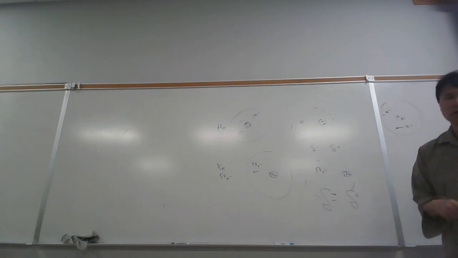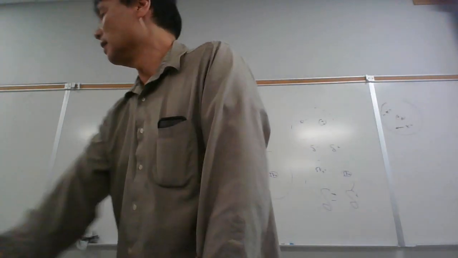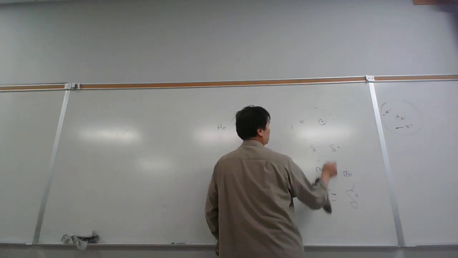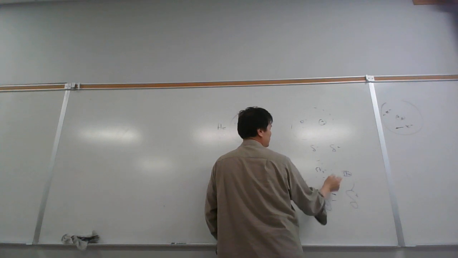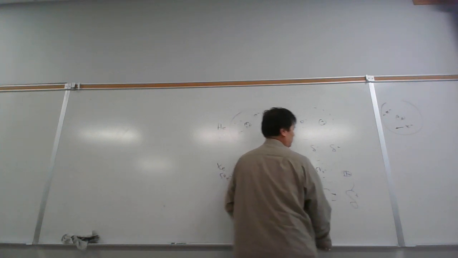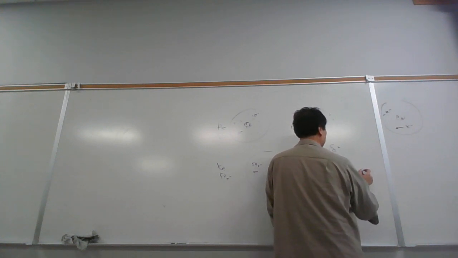And so what we can say is the more electrons we have, the more we can polarize the electron cloud. Polarize is to distort the electron cloud. This versus this. The fewer electrons we have, the less polarizable. And so this is much more polarizable.